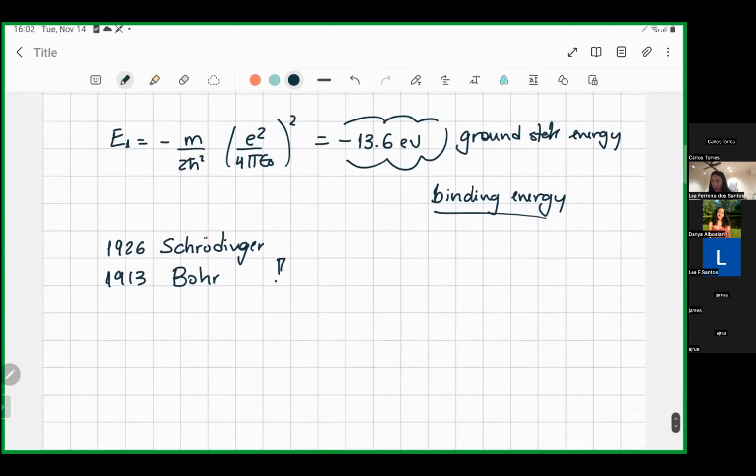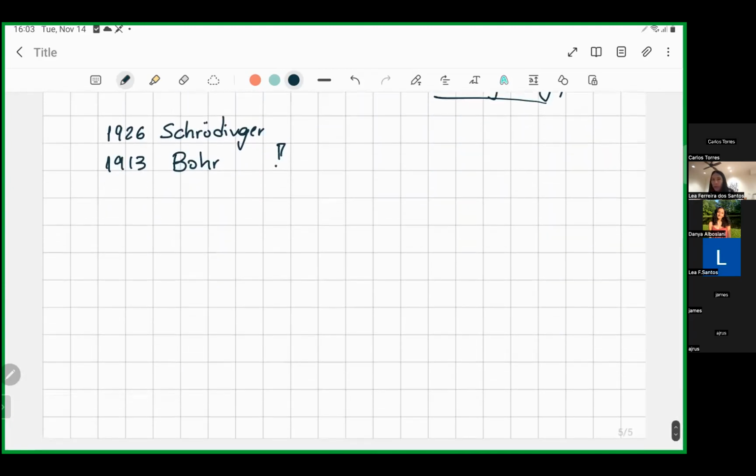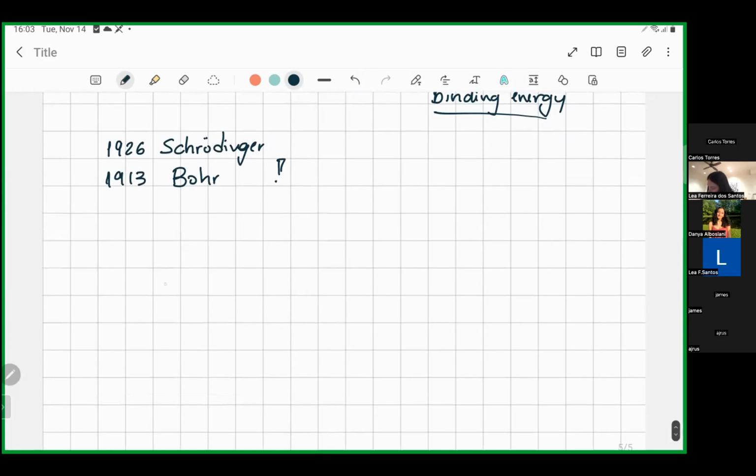But before I tell you what Bohr really did, let me give you some motivation. What is it that people were trying to do at the end of the 1800s, around 1890 more or less? What is it that they saw? Well, suppose I have here a container with some atomic gas. For example, it could be a gas of hydrogen. And I excite these atoms, inject some energy.